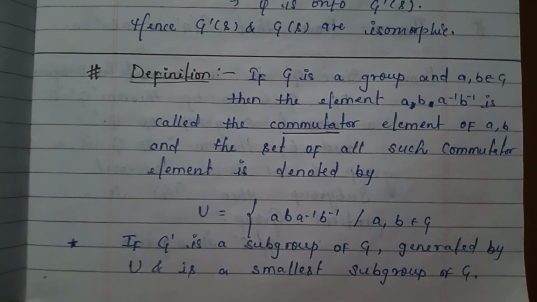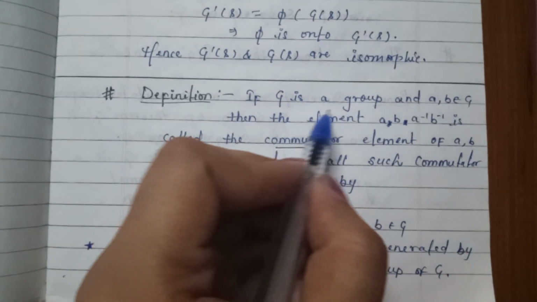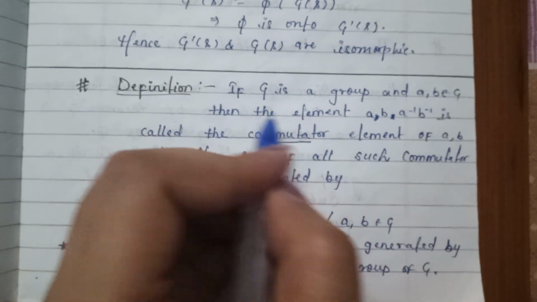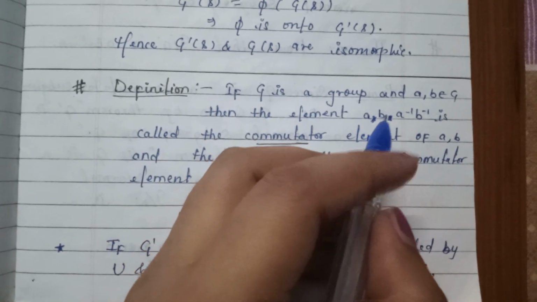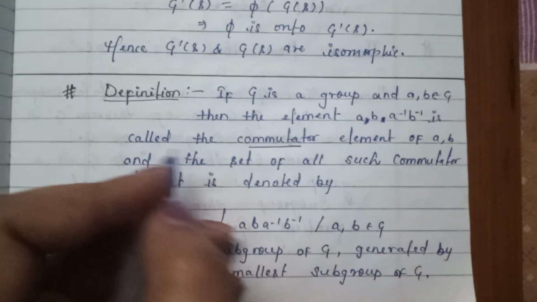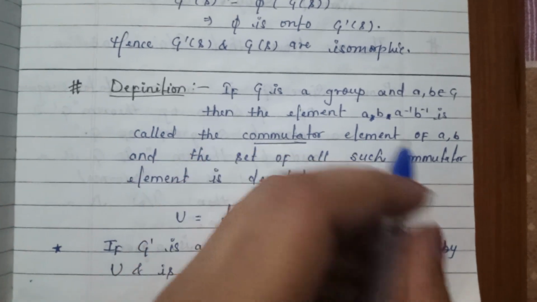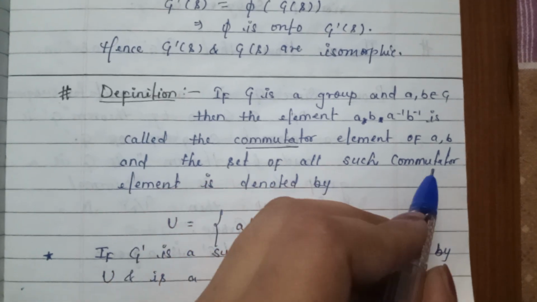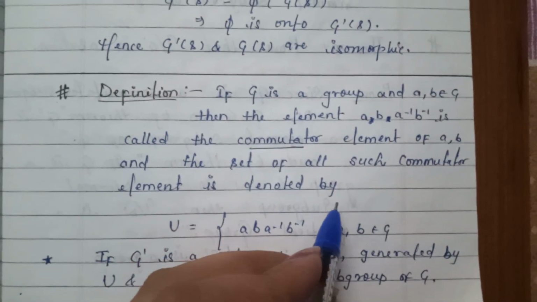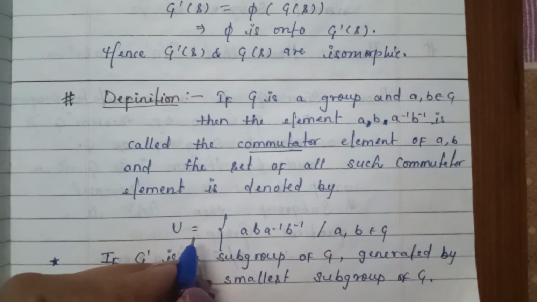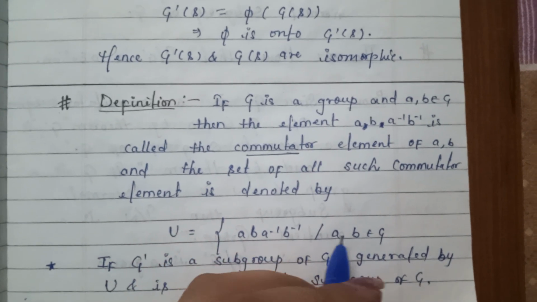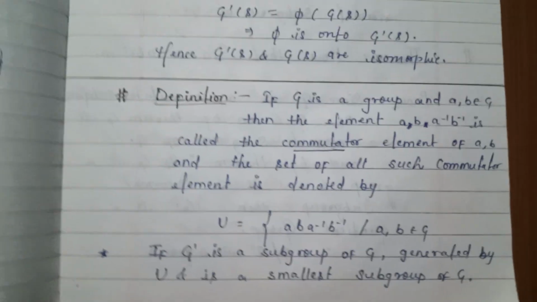So there's another definition: if G is a group and A, B belong to G, then the element A B A inverse B inverse is called the commutator element of A, B, and the set of all such commutator elements is denoted by U equal to {A B A inverse B inverse such that A, B belong to G}.